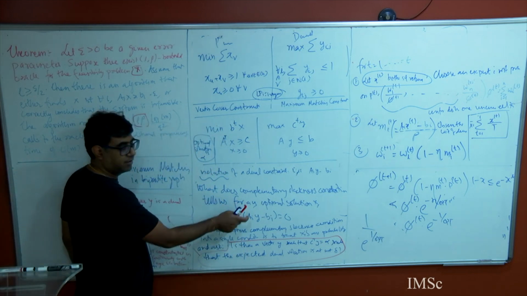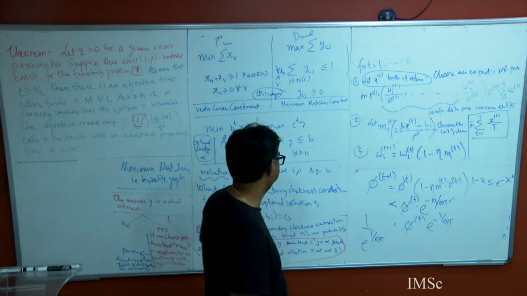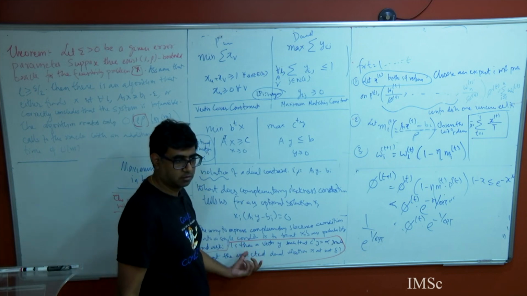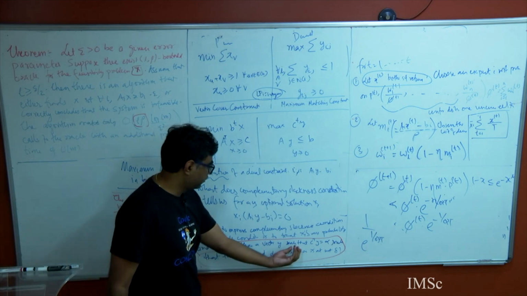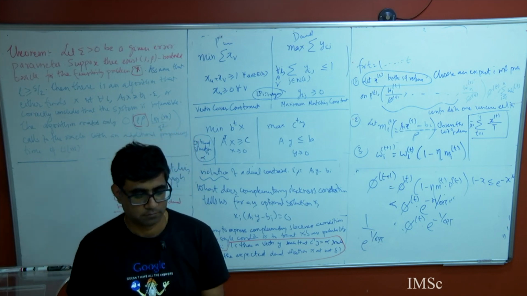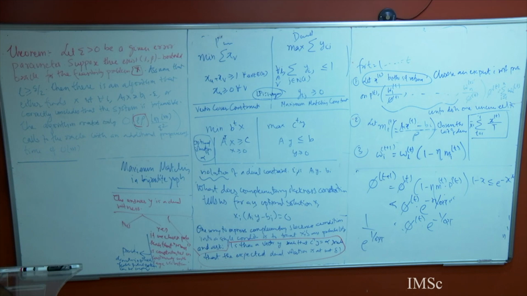So, what could be a witness to one such thing? Look, I know that this system is infeasible because with this additional constraint C transpose y equal to alpha it is infeasible. What can be a witness for this? Can there be a witness for this?